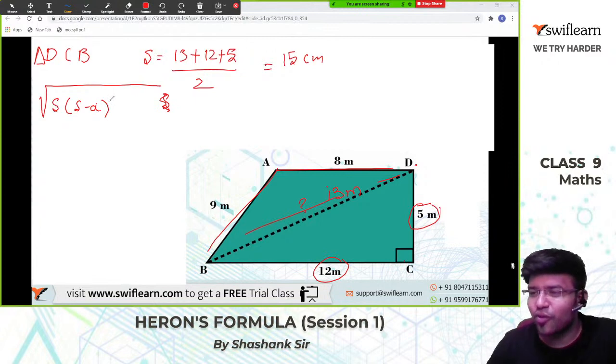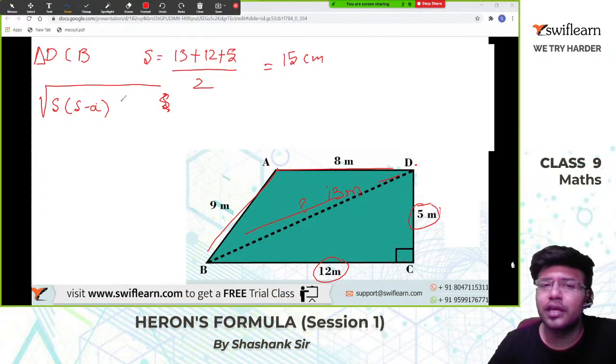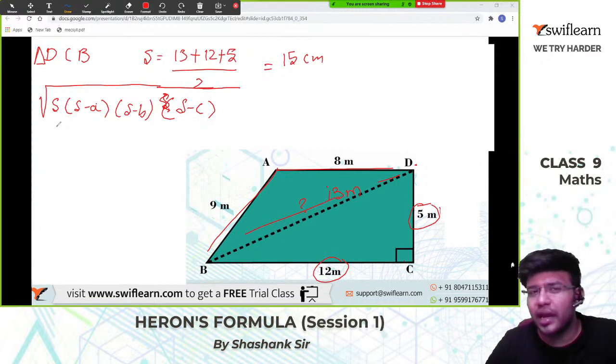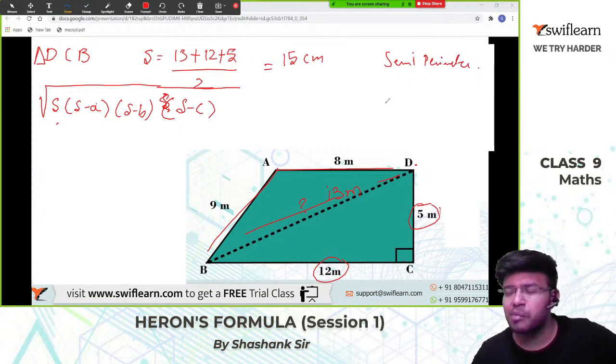Okay, using Heron's formula, area of a triangle is given by square root of s into s minus a into s minus b into s minus c, the whole square root. Sir, what is s? S is semi perimeter. How to calculate semi perimeter?